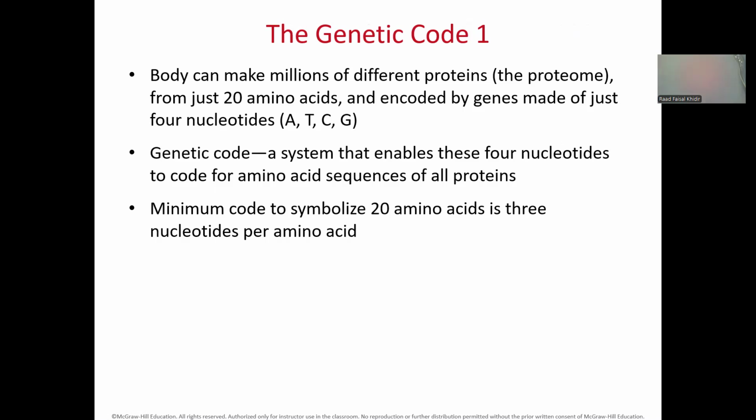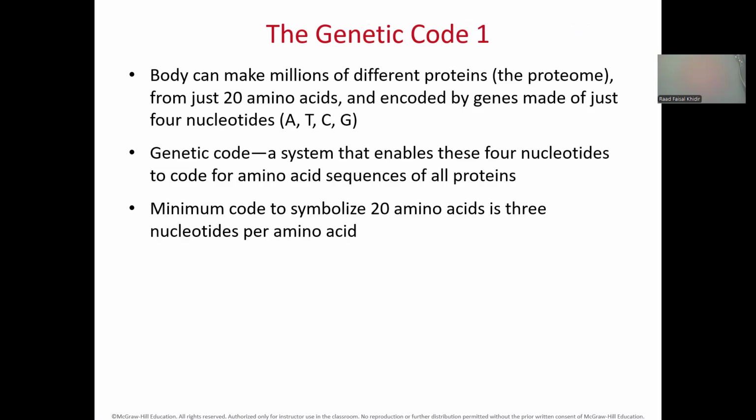If you change one nucleotide, you may end up with a change. If you pair 3 nucleotides, that's going to give you a particular amino acid.